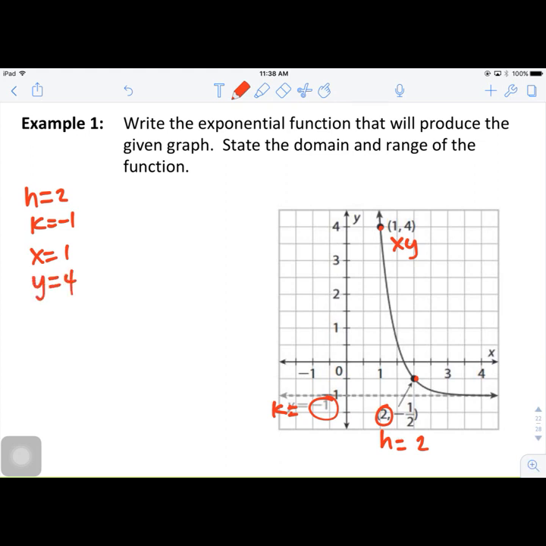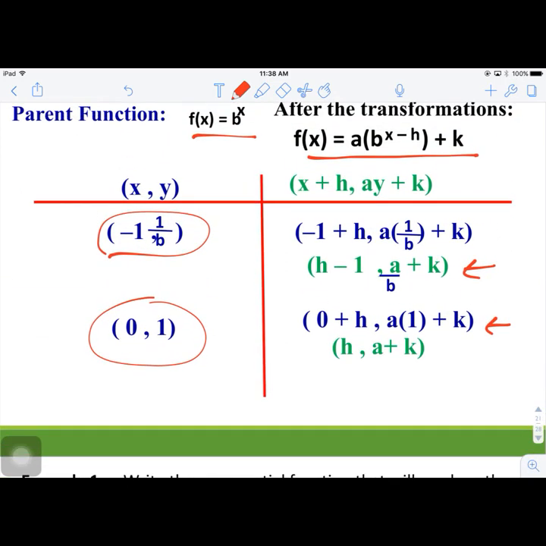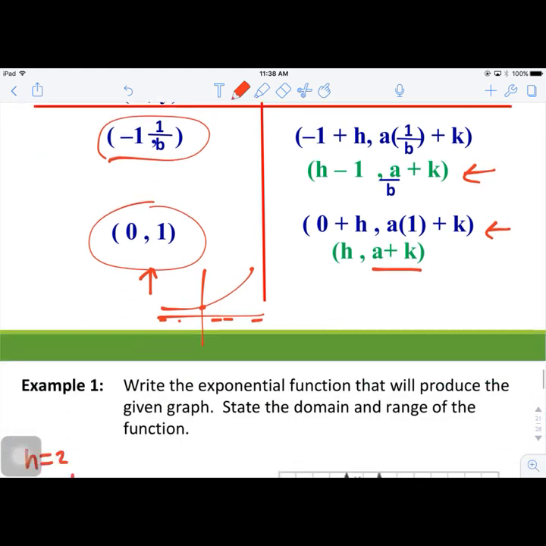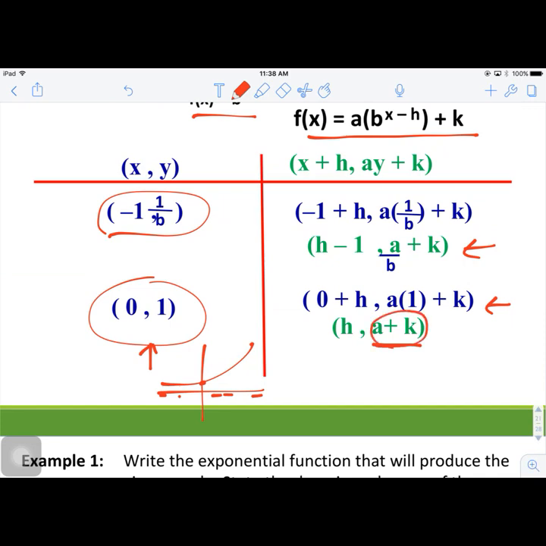And using the equations that we have from here, we can solve for a a little differently than the last lesson with exponential growth. Since this point is mapping up to the point 0, 1, the reference point closest to the asymptote, we are going to set this point equal to a plus k.